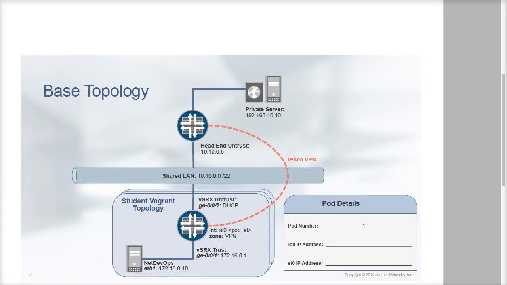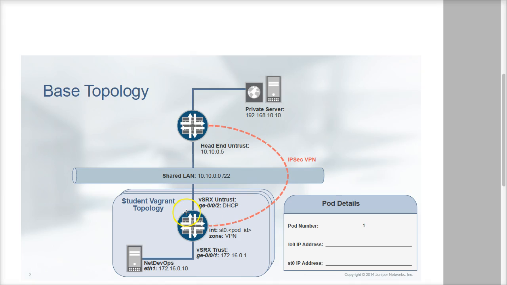If you're looking at the topology, we have two virtual SRX talking to each other, and behind the virtual SRX there's a subnet called NAT DevOps. This machine has Ansible that can talk to our virtual SRX box with the IP address 172.16.0.1.